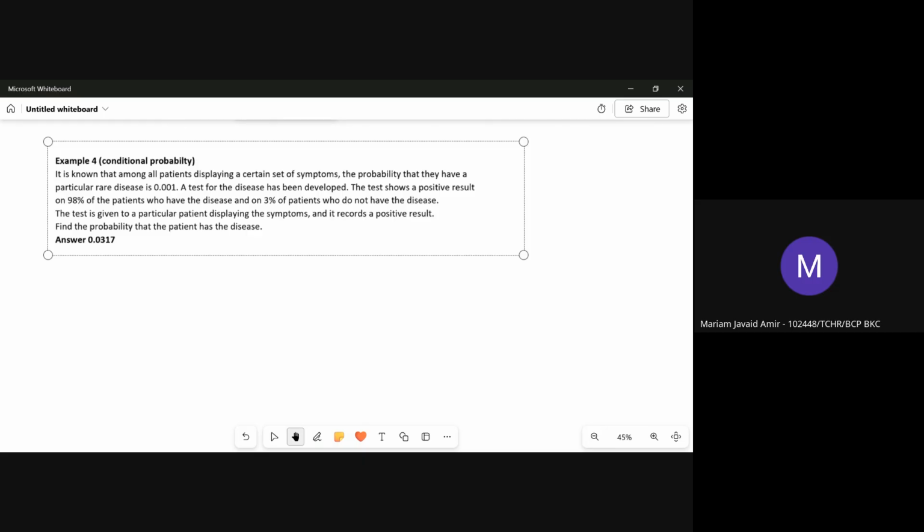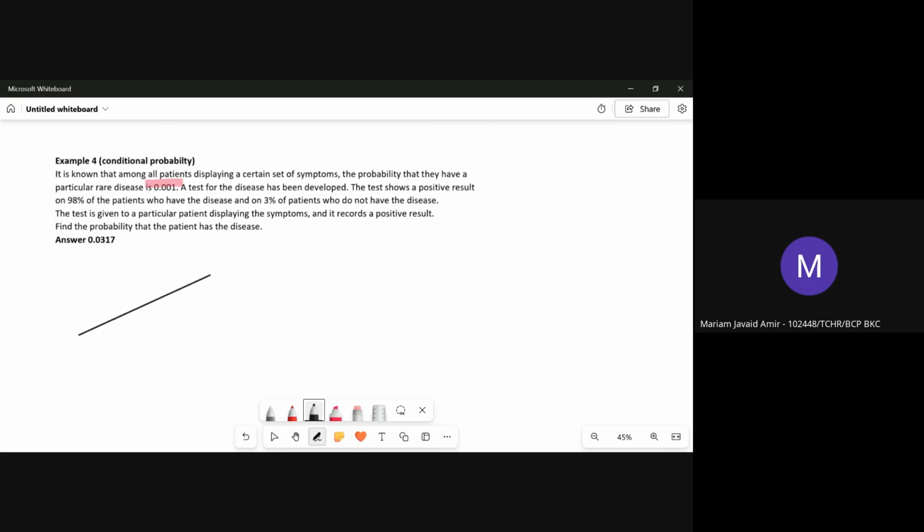It is known that among all patients displaying a certain set of symptoms, probability that they have a particular rare disease is 0.01. ये बता दिया.